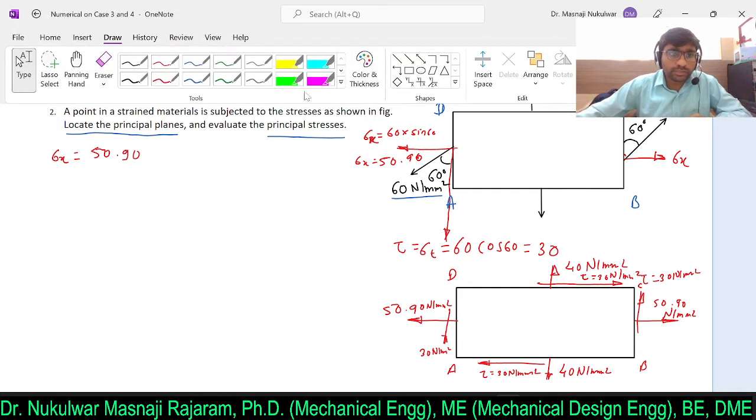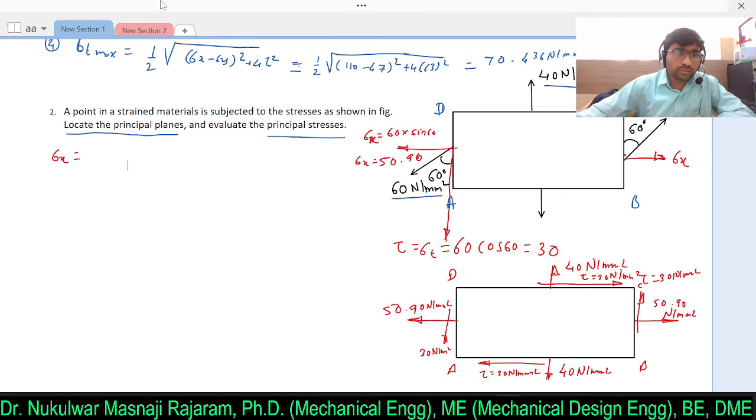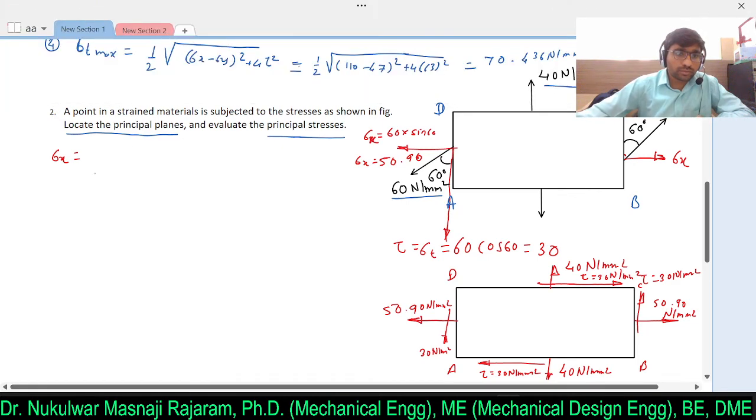So there is a correction, it is 51.96 Newton per mm square. So everywhere this is 51.96. Clear? There was some calculation mistake.